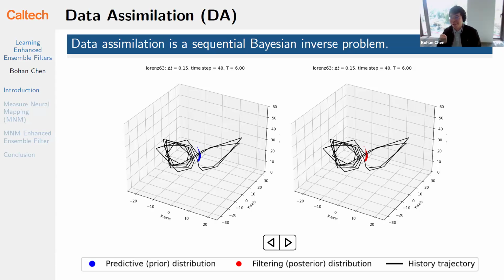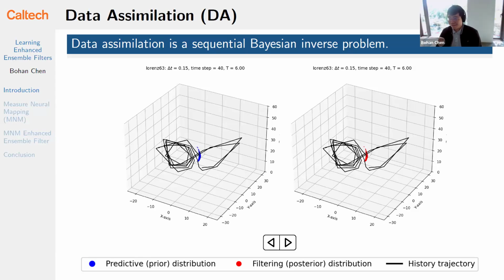For this 3-dimensional problem, in order to approximate a very accurate predictive and posterior distribution, I use 1 million particles. So you can imagine it's impossible for high dimensional problems.